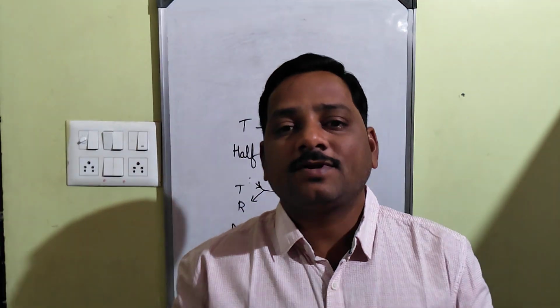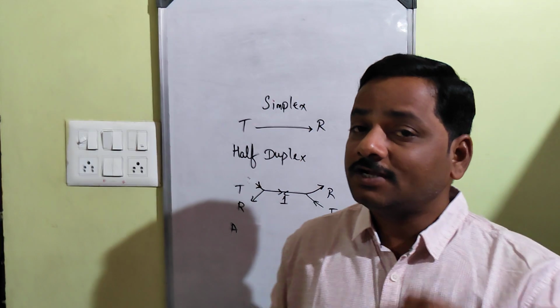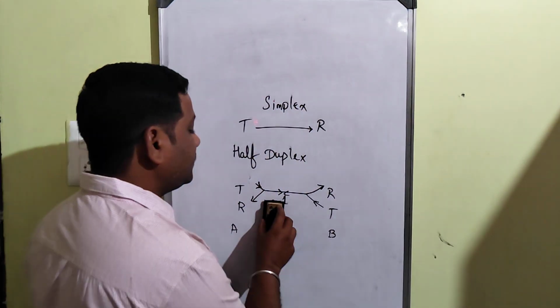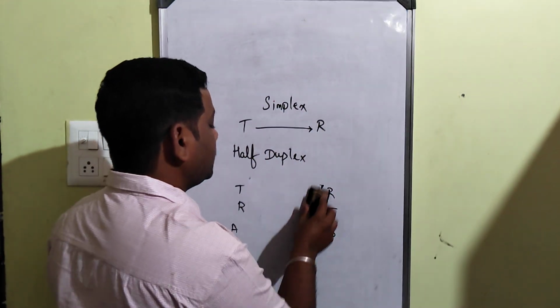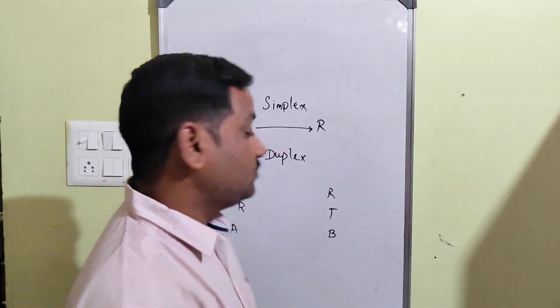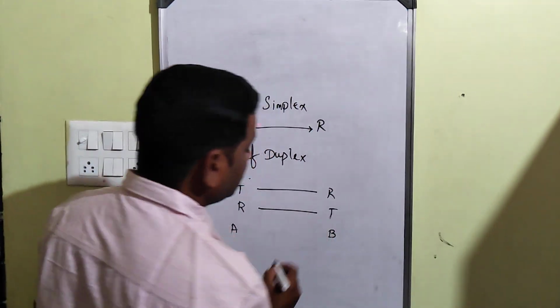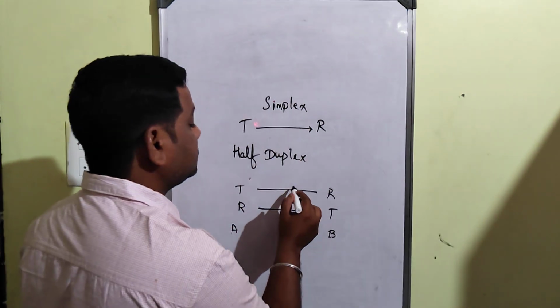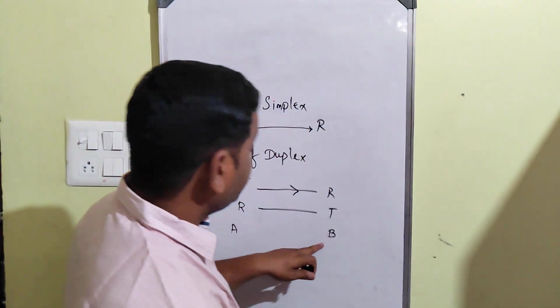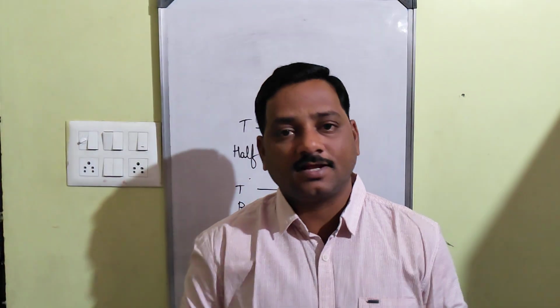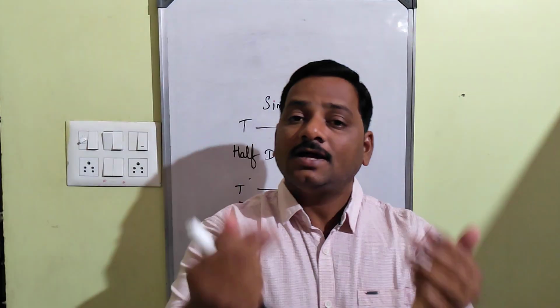So this is what happens in half duplex. Now let us come to full duplex. I hope you might have got an idea of what we are going to have in full duplex. In full duplex, we will have both transmitter and receiver on both sides, and also there will be a separate line. When A is transferring the signal, the receiver at B will receive it, and when B is transferring the signal, the receiver at A will receive it. So both can transfer data simultaneously, and they can receive data simultaneously.